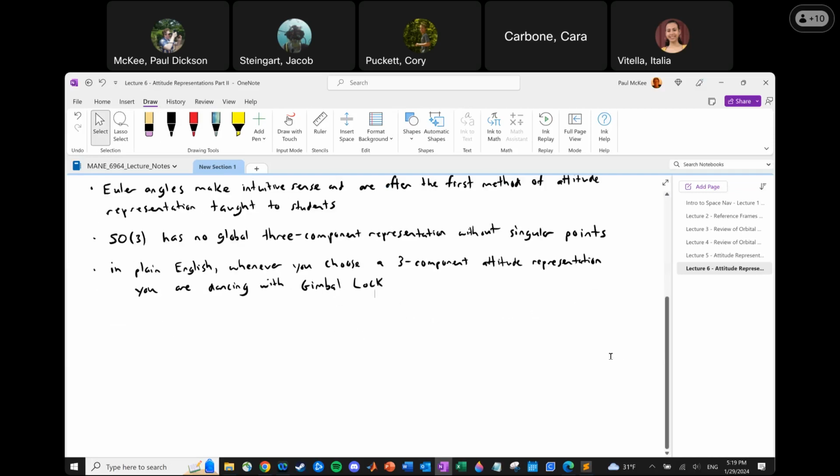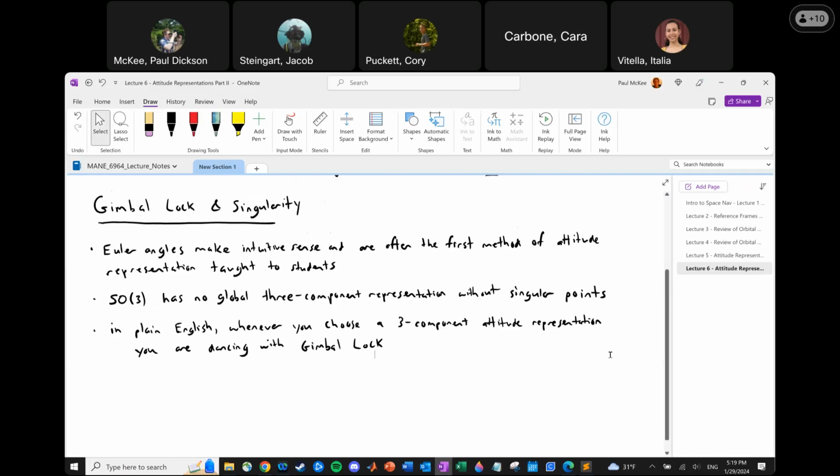So the simplest way to describe an attitude singularity that I can think of is to use a metaphor, use a different type of singularity, right? So here is a question. I'll take a volunteer, and it's going to need to be a brave volunteer who does not know the question yet, but it should be relatively straightforward to answer. Who's feeling brave, wants to get their question out of the way today?